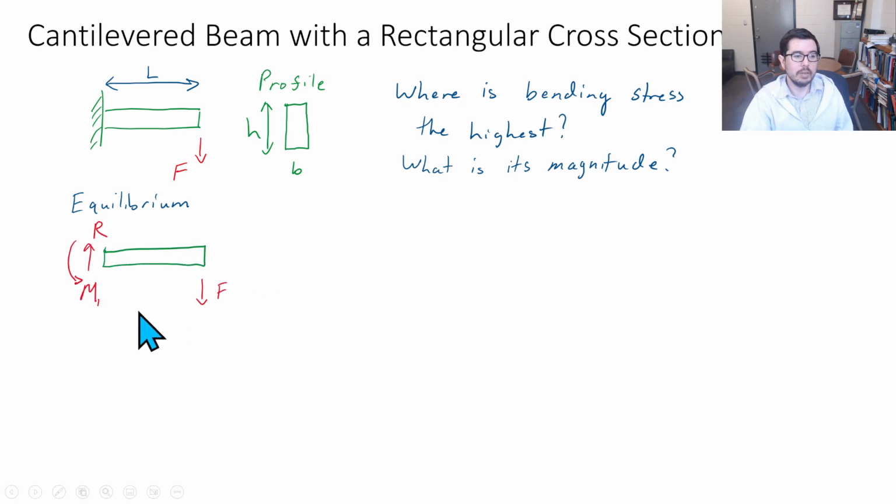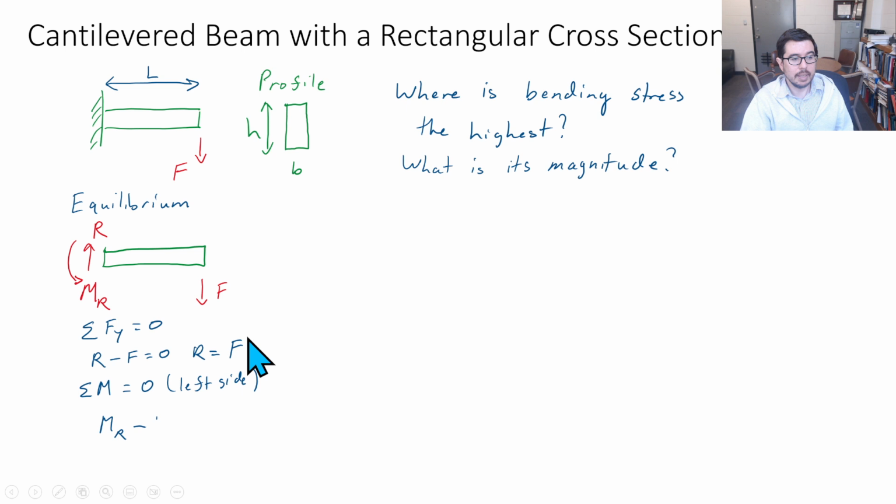So once again, we draw our diagram and we look at what the reaction force R is, and we look at what the bending moment at this left side is, but it's MR because it's a reaction. And we get the following.